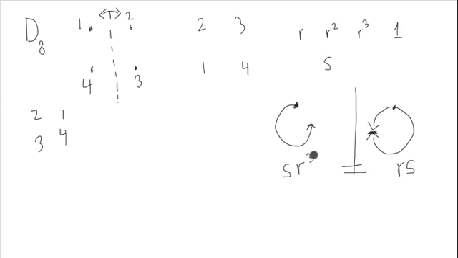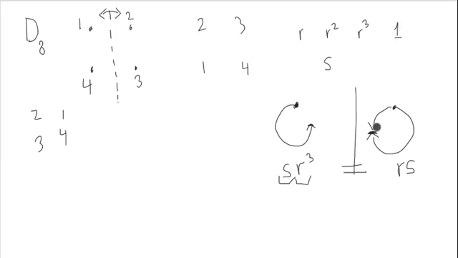Meaning what I do first is on my right because this is composition. So I first do this, then I do that. So first reflect, you could even think of as go to the other side and look, then rotate counterclockwise once. Or rotate counterclockwise 3 times, then go to the other side and look. And the result will be the exact same. SR cubed is equal to RS.